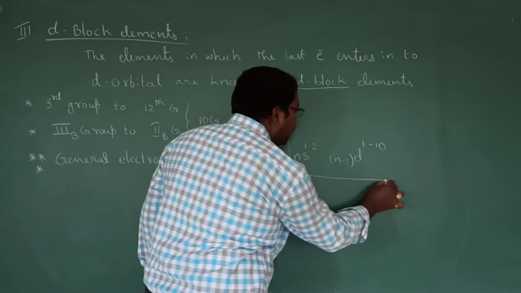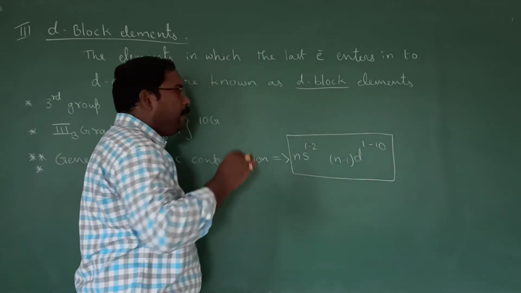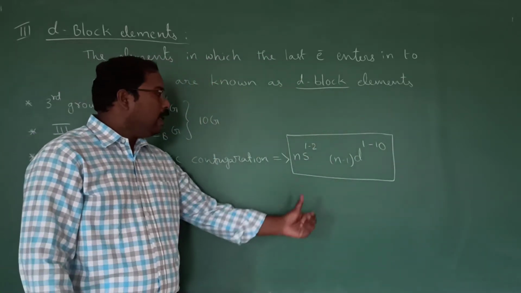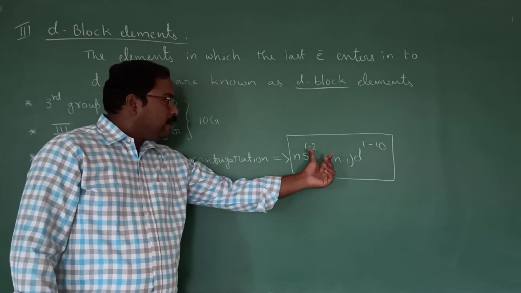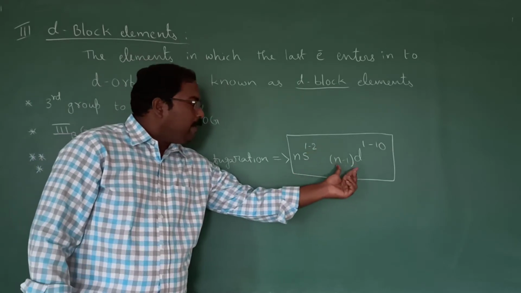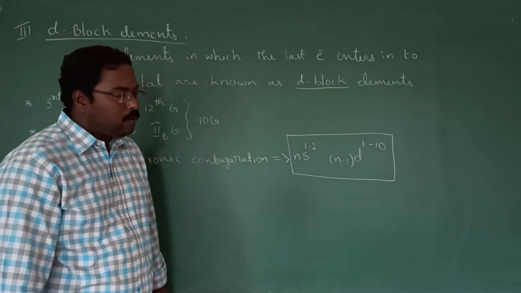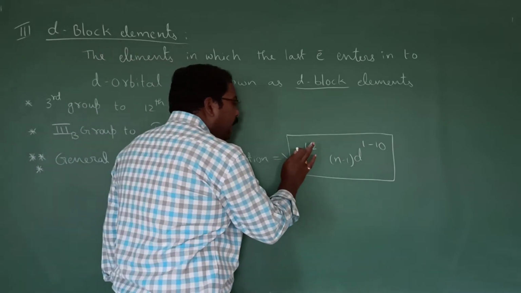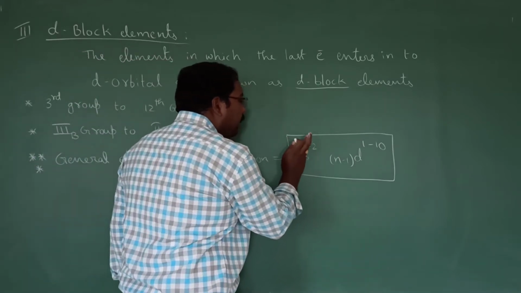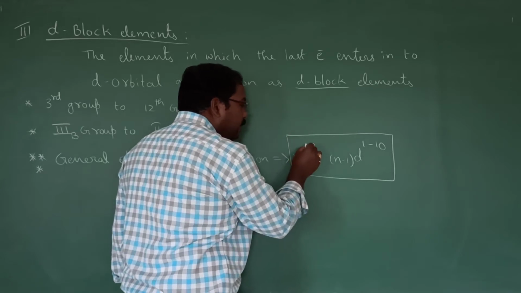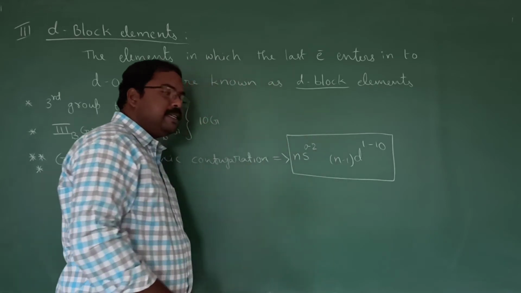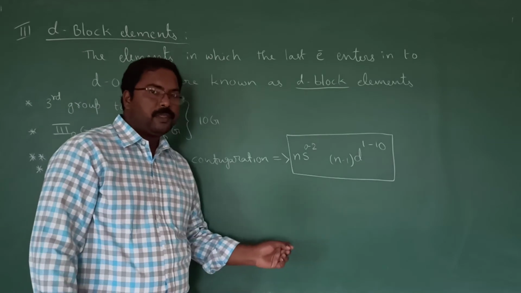This is the general electronic configuration of d block elements: ns1 to 2, (n minus 1) d1 to 10. In a very few cases, we can even say its electronic configuration is ns0 to 2 also.